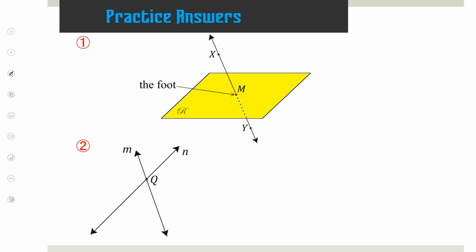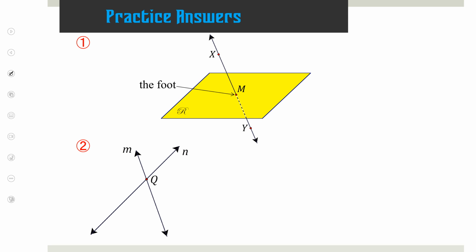Why is that line partially dashed? That's where it intersects the plane.